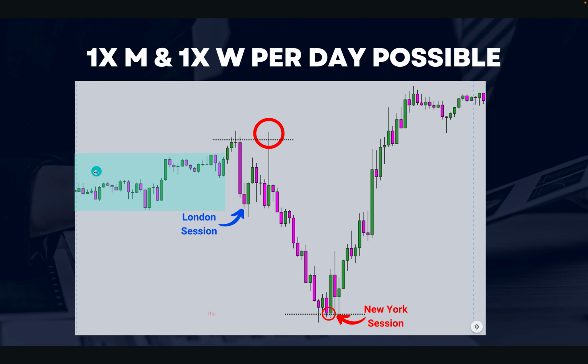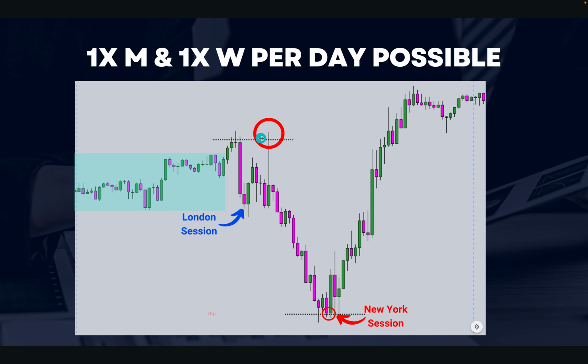Here we have the highlighted Asian session consolidation, 10 plus hours of consolidation. Then we can see right around here, London session started. We have the breakout of London session, and then that M formation where the second leg would be this wick, right?